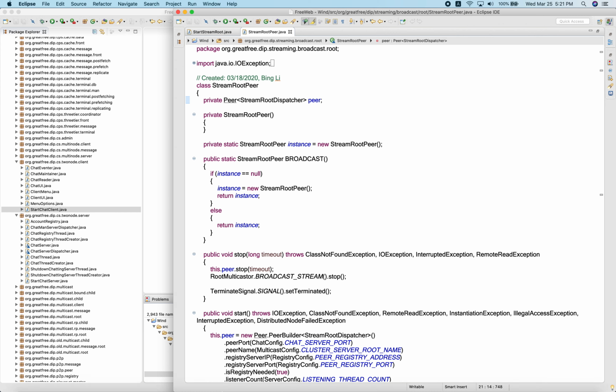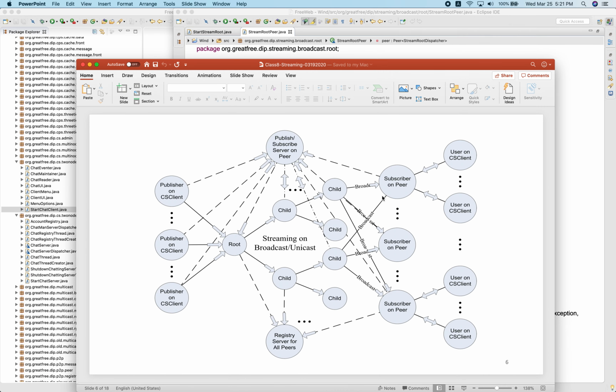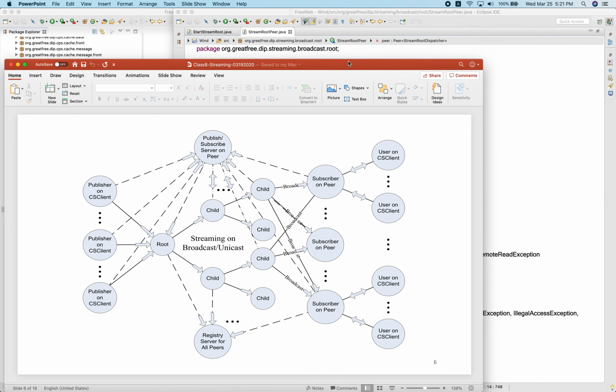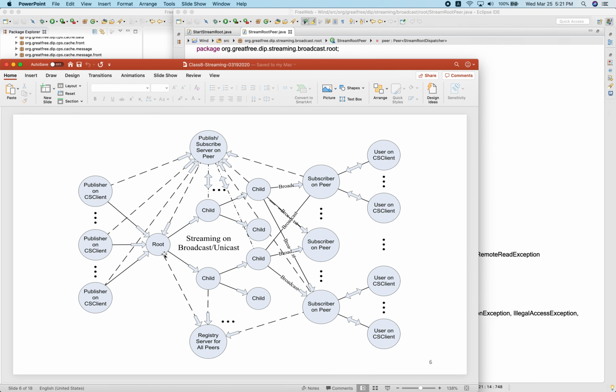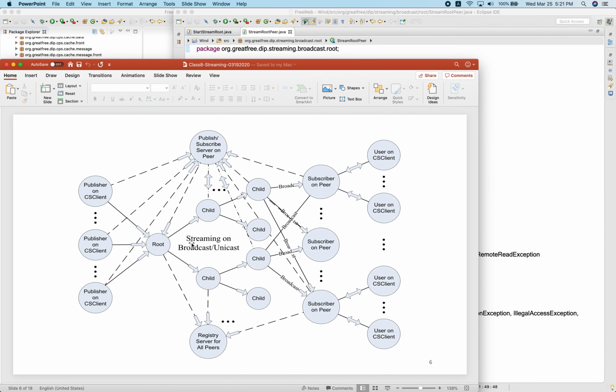the root. If you forget, you can take a look at the overall structure. Okay, this is the structure, this is the root. The root is the multicasting framework. It is the data source.